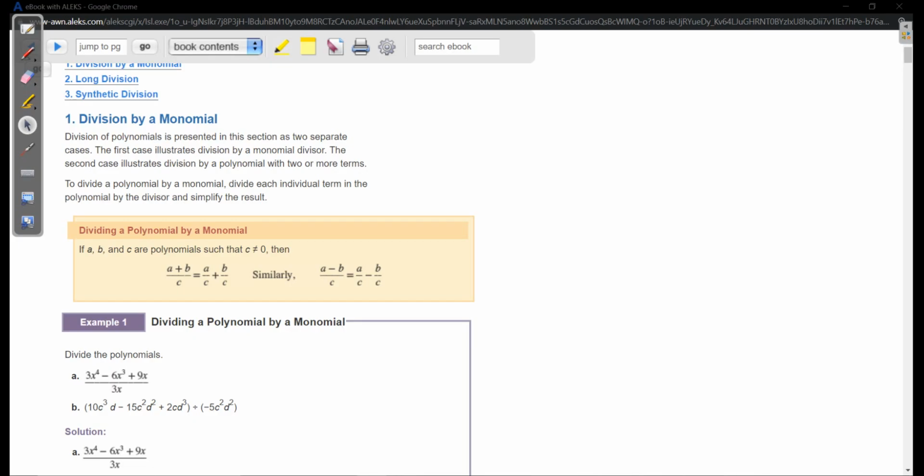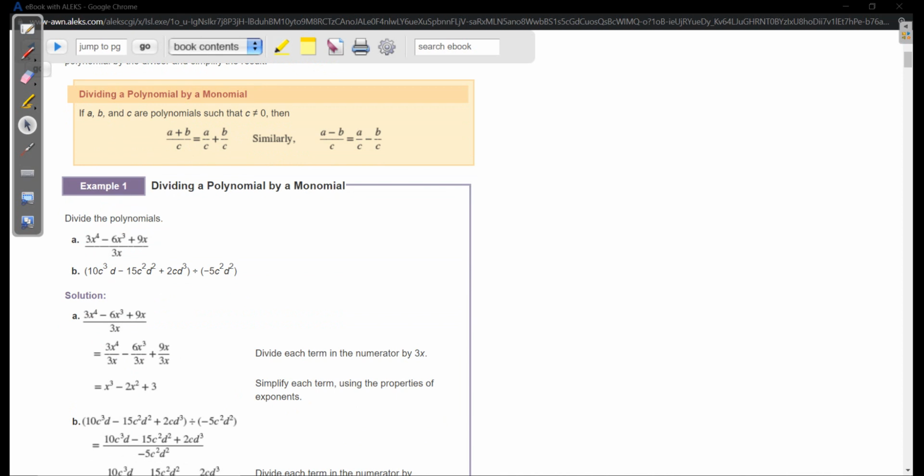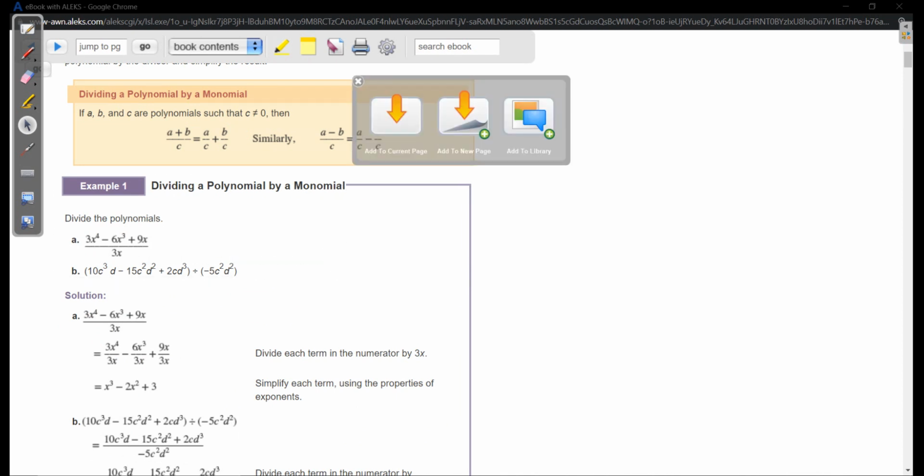Let's go to B. B is going to get its own page, and B looks ridiculous, but it's not too bad.